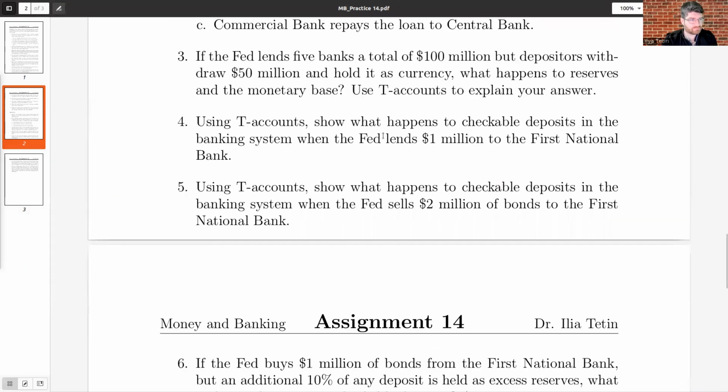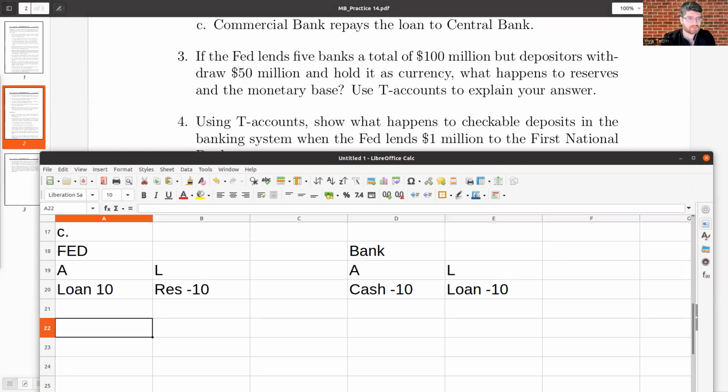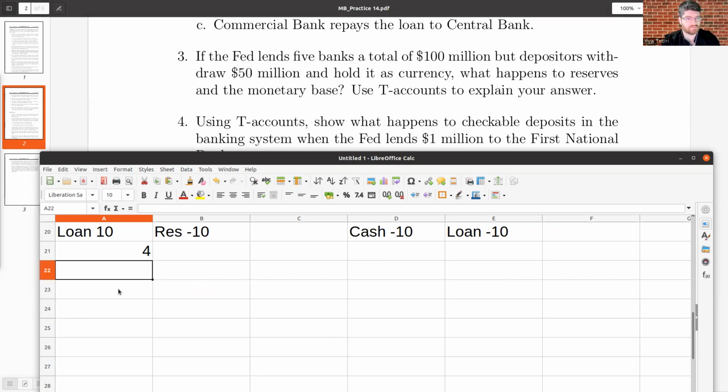Number 3. If the Fed lends to banks a total of 100, but depositors withdraw only 50. It doesn't matter how many banks actually, so we can change the perception. We can change the perception to the banking system, not the bank, but the banking system.